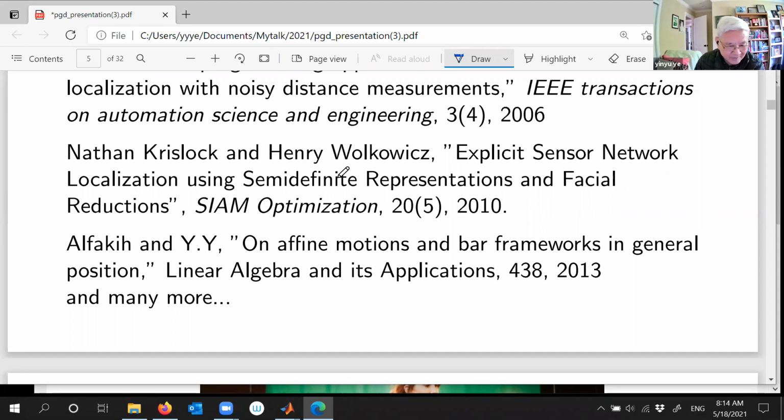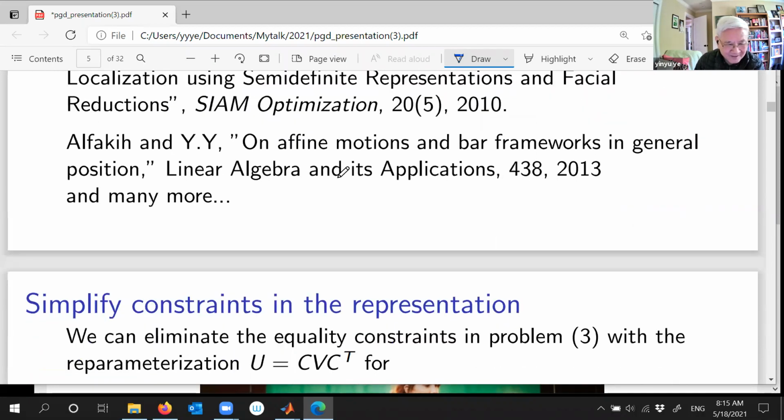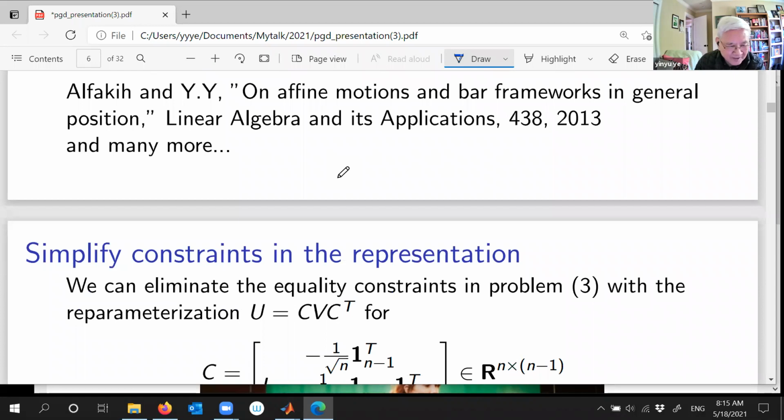So this is a quadratic system of equations, okay? Of course, there are many more, and I'm just omitting some of those, but they all played a very important role.